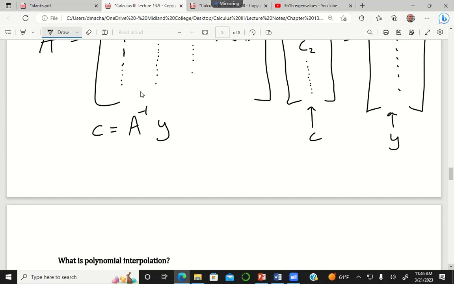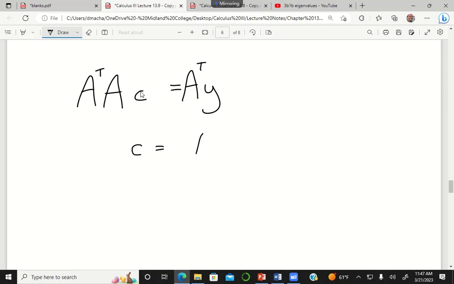So what we do instead, to make it a square matrix, is take this matrix vector equation and multiply both sides of this equation by the transpose of the matrix A. Then A transpose times A is going to be square, and since it's a square matrix, I can take the inverse of it.